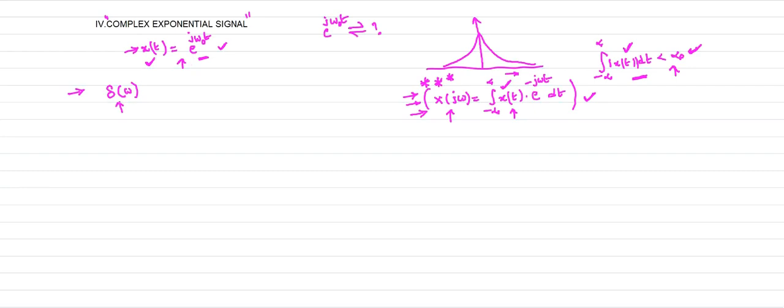I consider the unit impulse signal to derive the Fourier transform of this x of t. If you use this formula, it is not possible to calculate the Fourier transform of this signal, because the signal is not absolutely integrable.